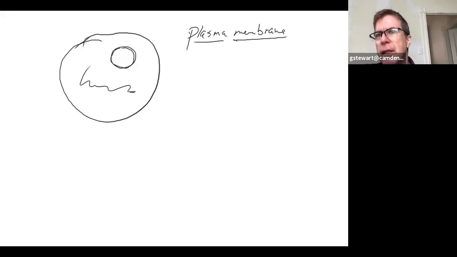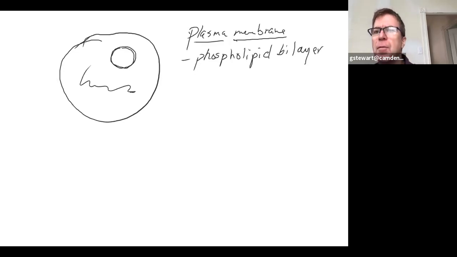The first thing that you should know is what makes up the plasma membrane of our cells, and it's a phospholipid bilayer. So we know what a phospholipid is from chapter 2.